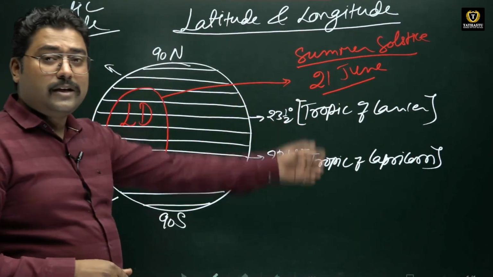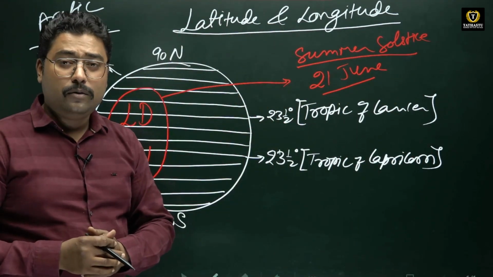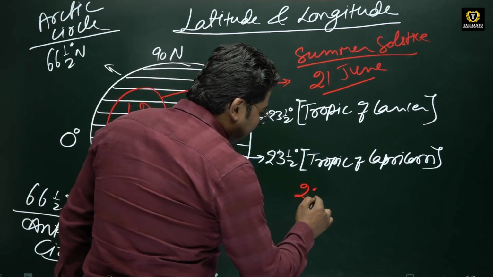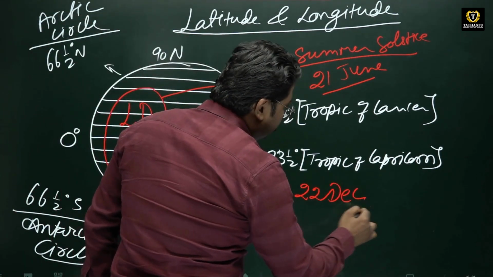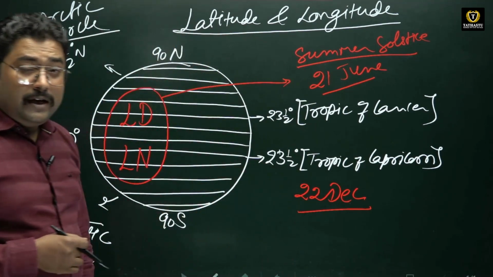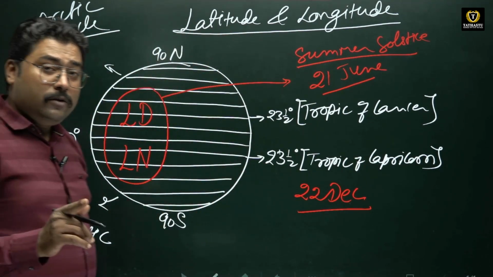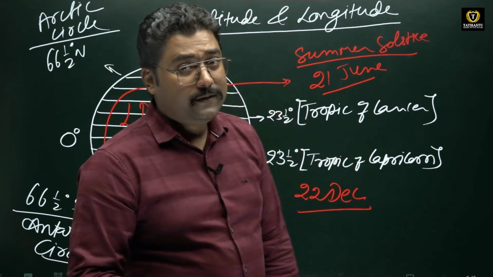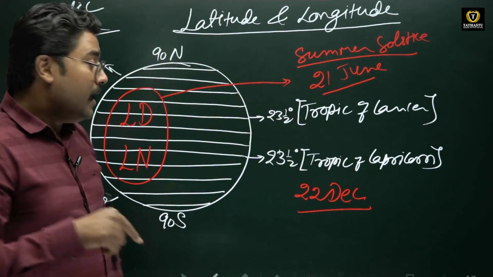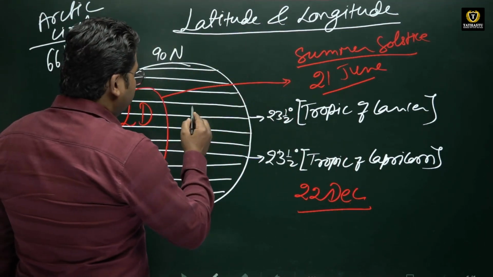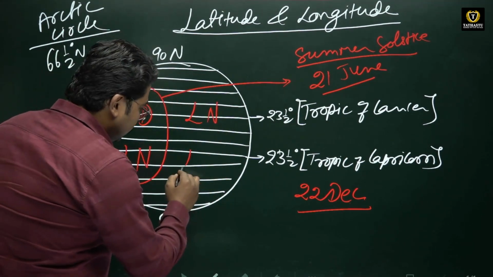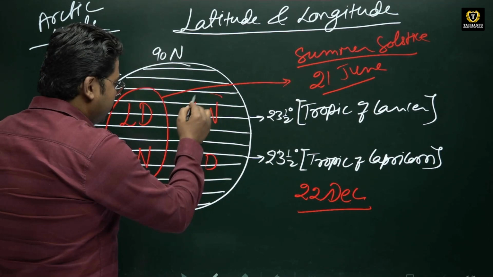Now the sun starts migrating towards the southern hemisphere, and on 22nd December the sun is vertical on Tropic of Capricorn. Means here the shadow will be just below the feet, zero shadow, and due to this the northern hemisphere will experience longest night and southern hemisphere will experience longest day.